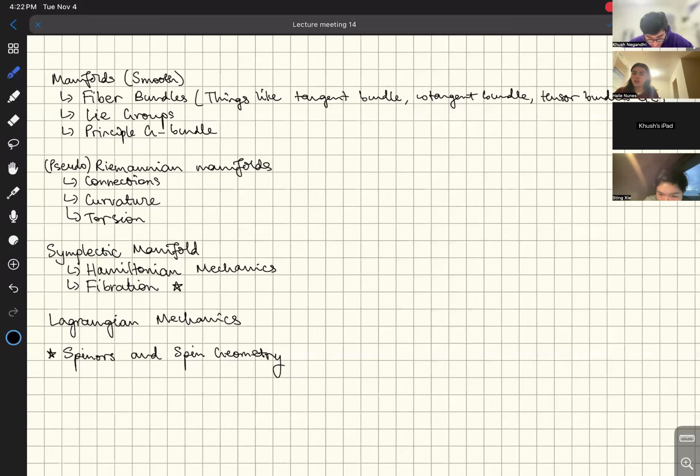And the Dirac equation is sort of a relativistic cousin of the Schrodinger equation, and it naturally describes spin one half particles. Okay. So spin and spin geometry.